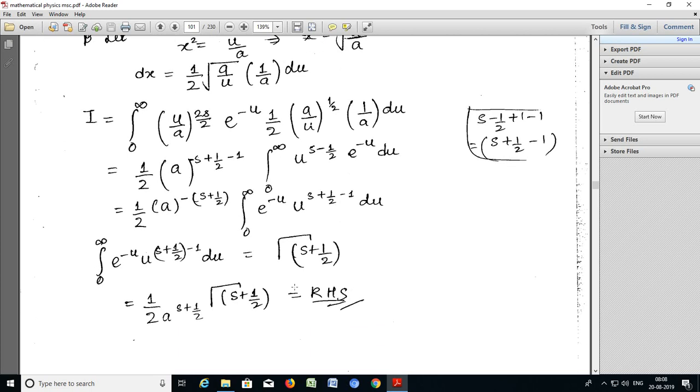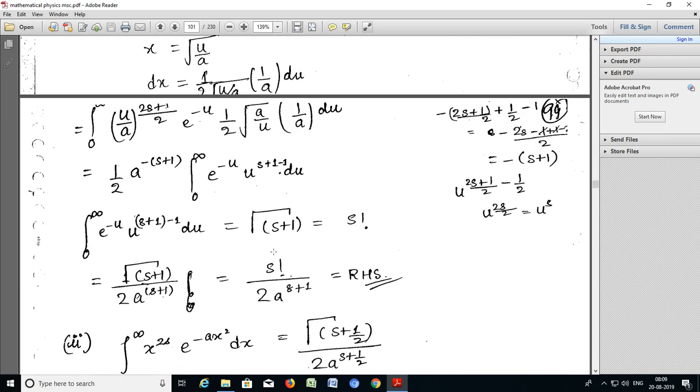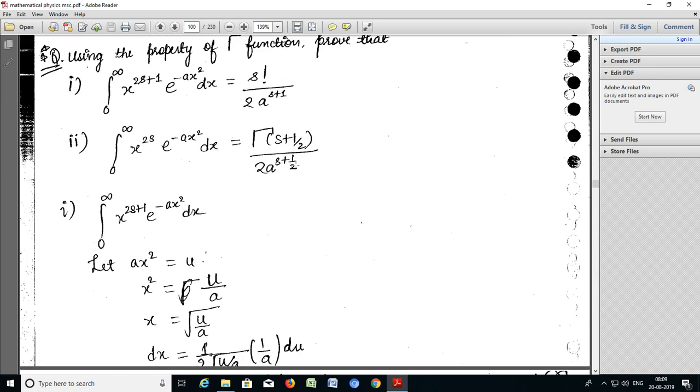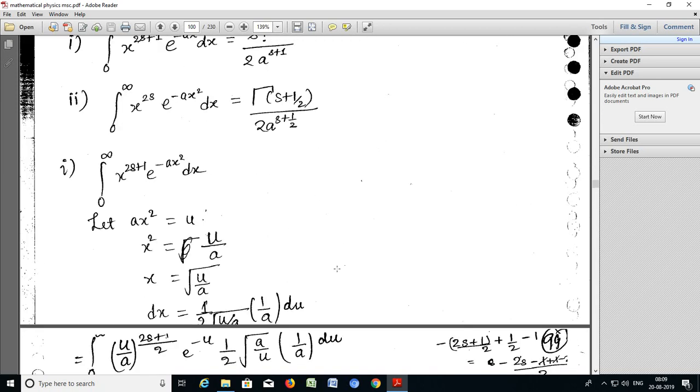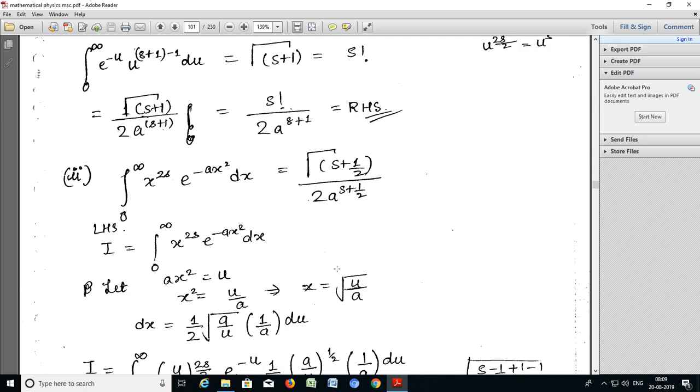Since this is nothing but equal to gamma of s plus half, therefore we can write half a to the power s plus 1 by 2 gamma s plus 1 by 2, and this was the right hand side which was to be proved in this question.